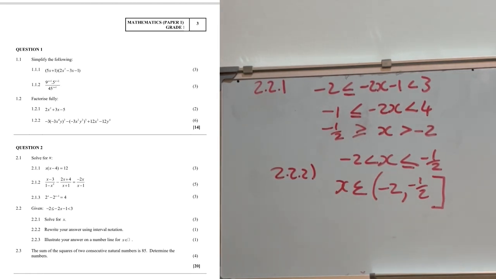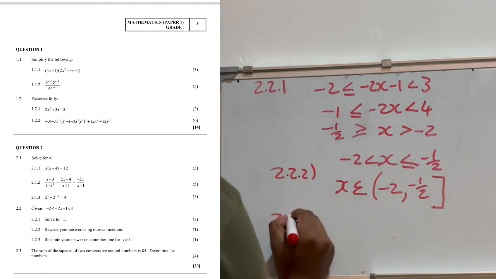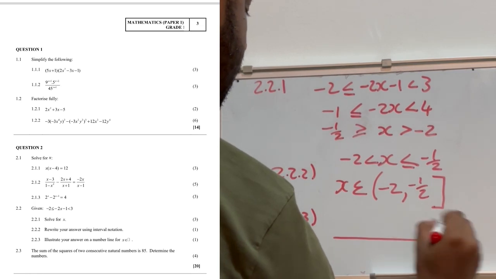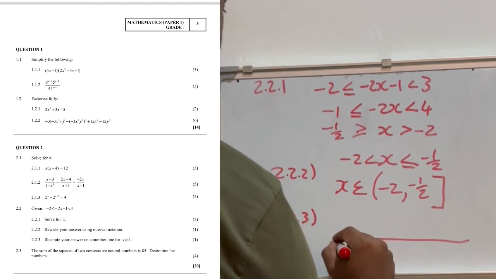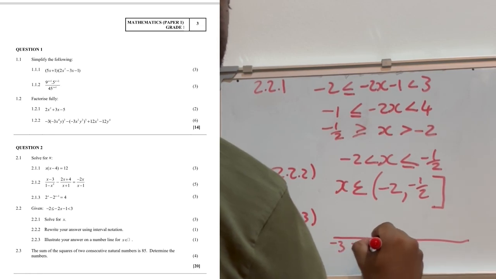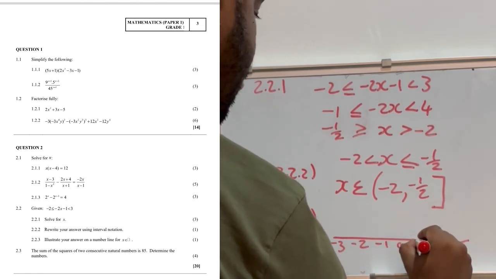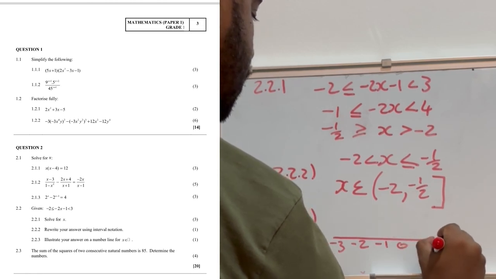Okay, then they say illustrate the answer on the number line, 2.2.3. So you just create a number line. Then we have, say, minus 3, minus 2, minus 1, 0, 1, 2.